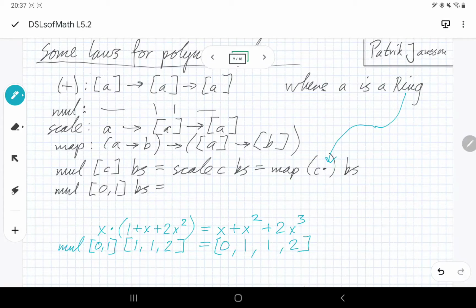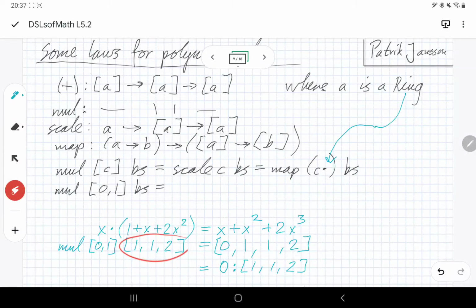And actually, the operator for list cons, so extending a list by one element, this is actually equal to 0 followed by the list 1, 1, 2. And this is a general rule. If we multiply by x, that's the same as putting a 0 in front.